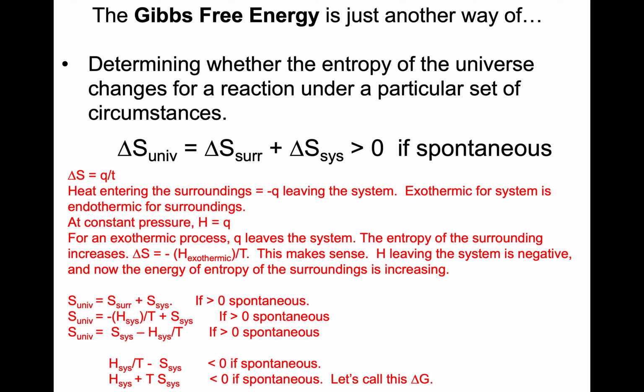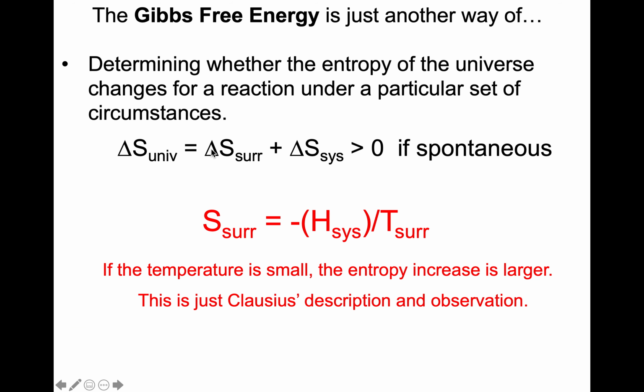This is how we derive our expression for the Gibbs free energy. All we have done is taken this expression right here. We've thought about what does it mean to change the entropy for the surroundings, and then we just adjusted the terms. That's all that we did within that. The entropy change that we have for the surroundings is in terms of something involving the system. This is a really powerful idea here.